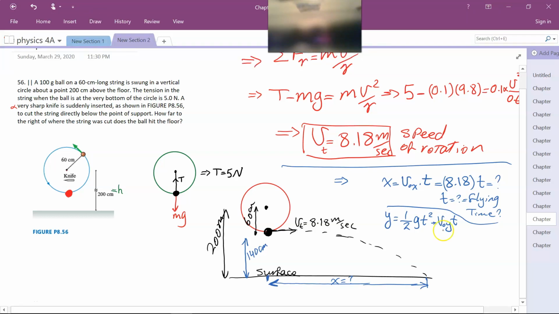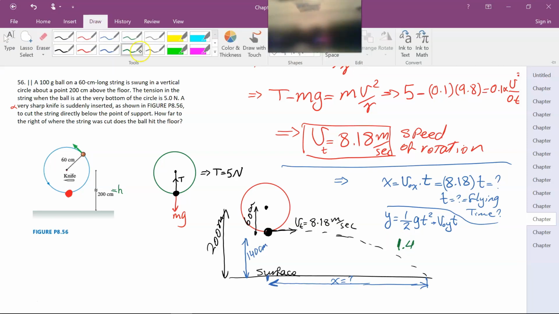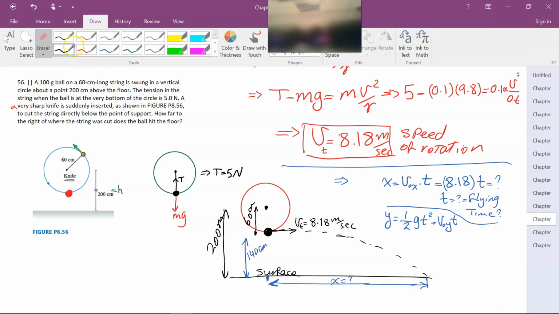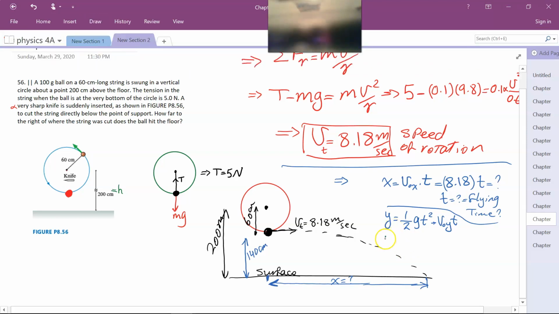Then y is 1.4. Half is half. G is 9.8. T is unknown. What is v naught y? 0. We don't have velocity on the y-axis. Only velocity is on the x-axis, correct?